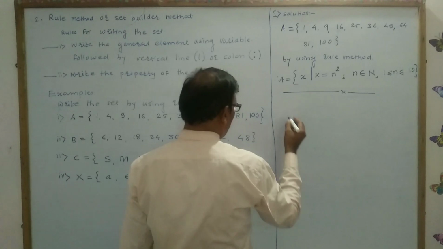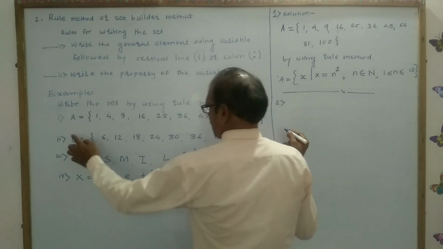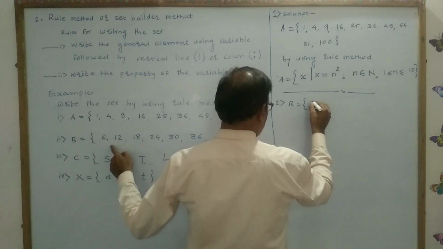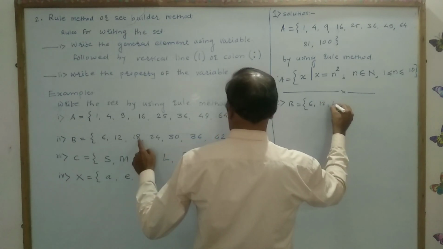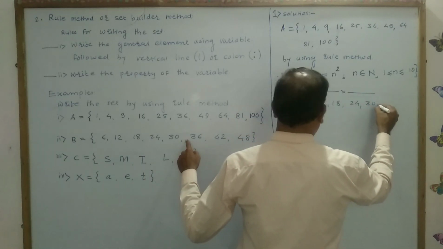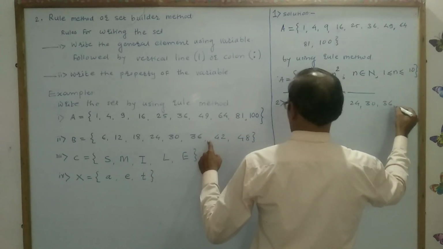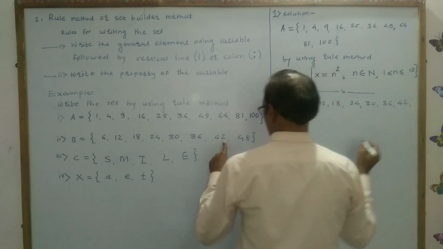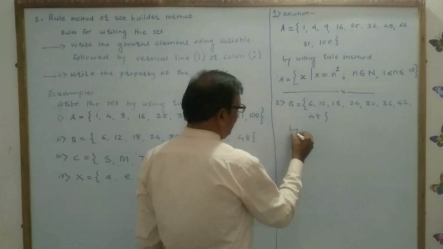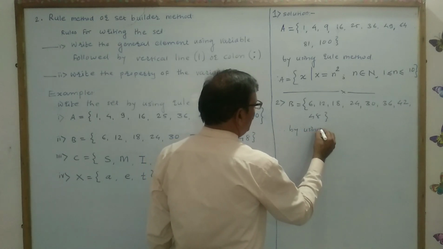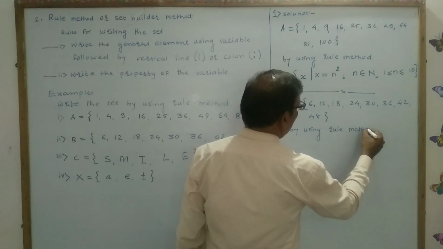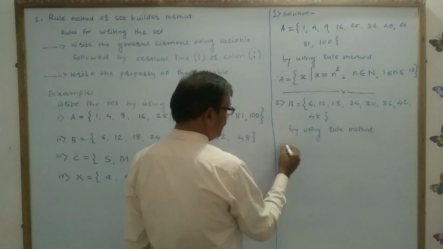Second one, B is 6, 12, 18, 24, 30, 36, 42 and 48 by using rule method.